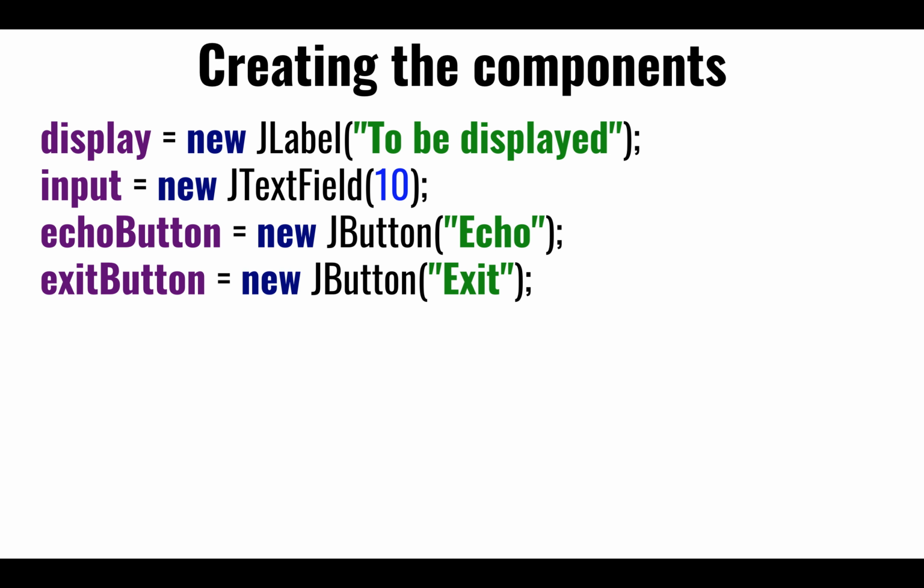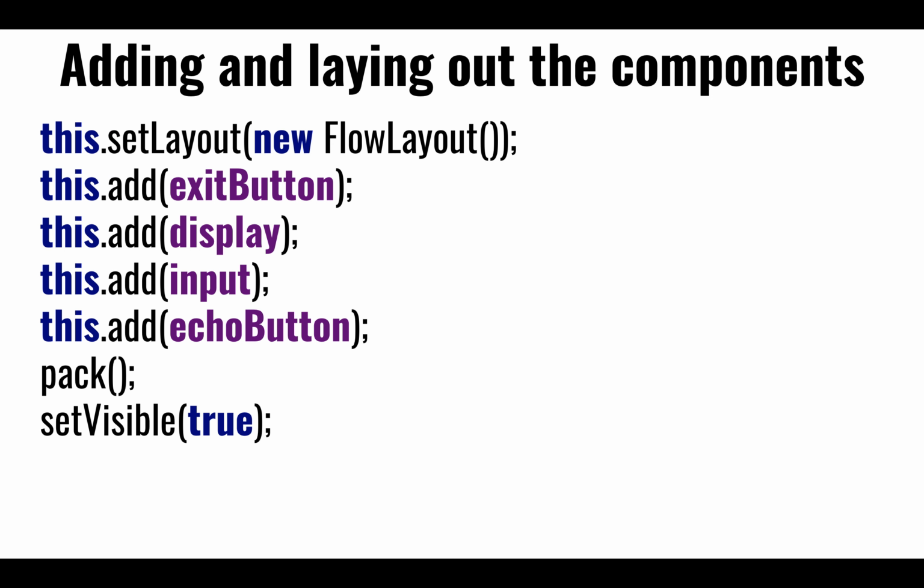Also in the constructor, we can instantiate all the elements. We can instantiate a JLabel, and a text field for folks to type in. We can ask how big we want the text field, how many characters wide. We can instantiate two buttons and pass in the labels of the buttons, so it would be echo and exit. Once we have those, we can set the layout.